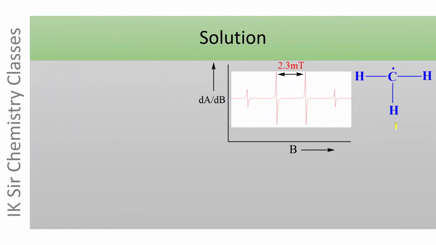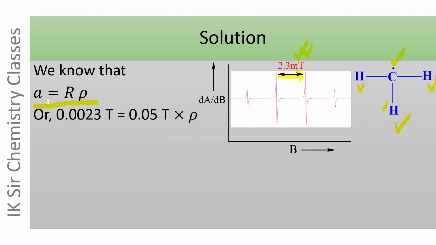It is methyl free radical. It contains one unpaired electron which can be delocalized around the nucleus of three hydrogen atoms. It is the ESR spectrum of methyl free radical in which the separation between two consecutive hyperfine lines is 2.3 millitesla, and thus it is the value of hyperfine coupling constant A. We know that A is equal to R into rho.